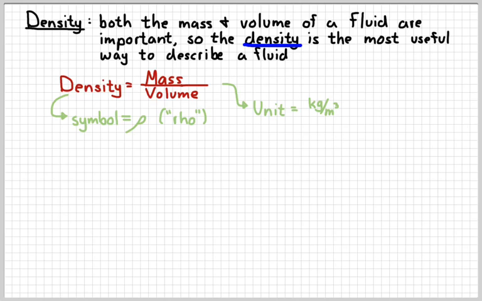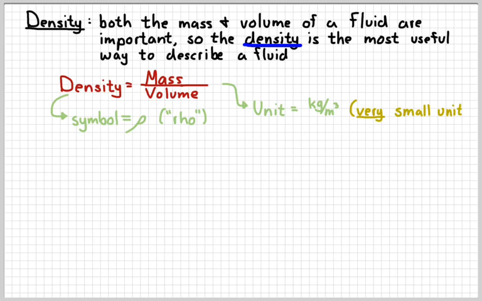The unit for volume is a cubic meter, and so the unit for density is a kilogram per meter cubed. In chemistry, you probably use grams per milliliter as your unit for density, but because we want to keep things in terms of meters and kilograms so that things can be in newtons and joules and those kinds of units, we need to use kilograms per cubic meter as our unit for density.